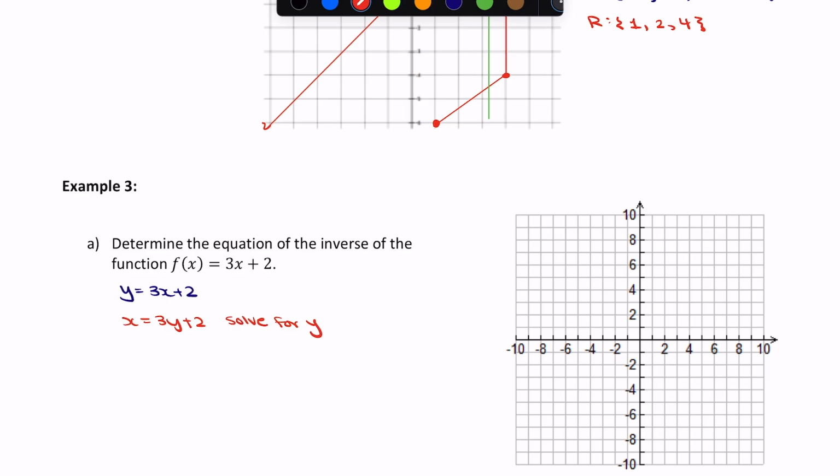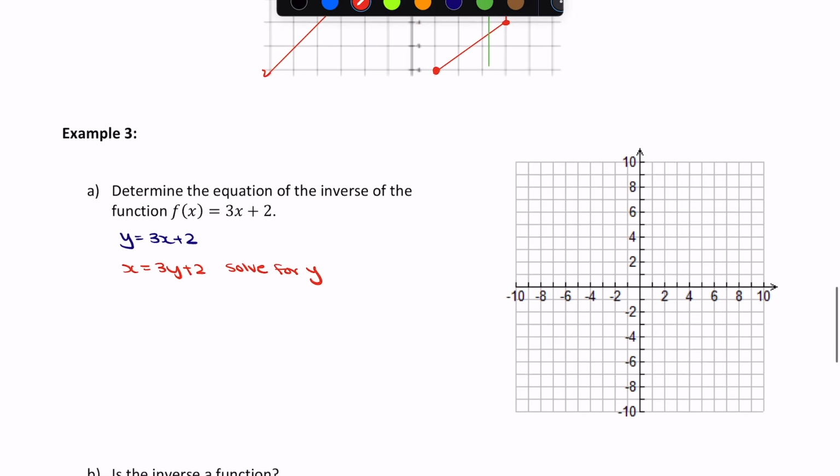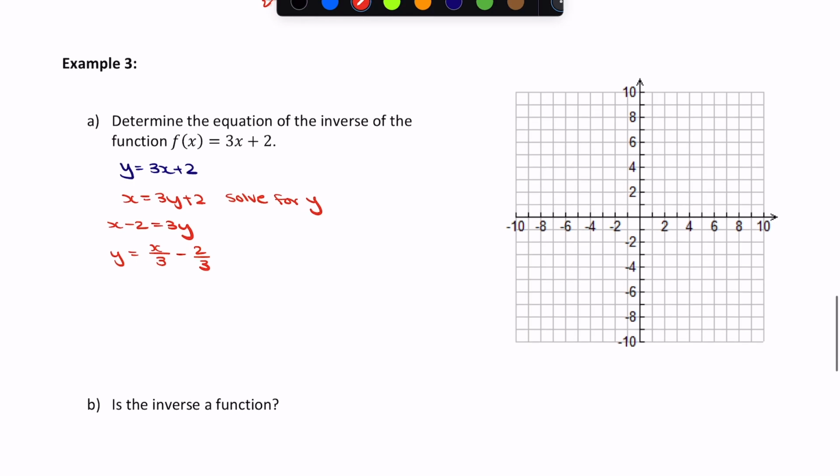So we'll isolate here, and so we'll have x minus 2 is equal to 3y. And so here, y is equal to x over 3 minus 2 over 3, which is our equation.